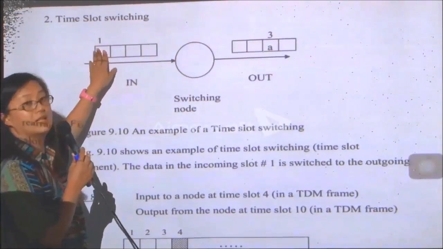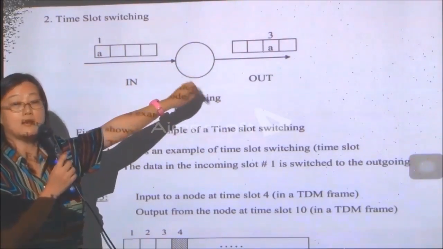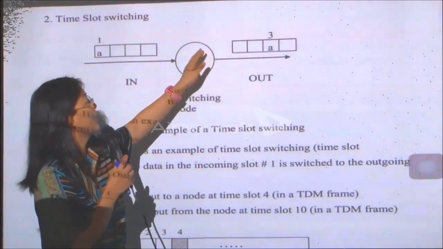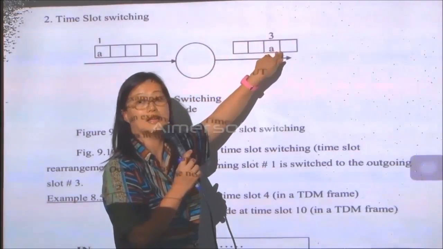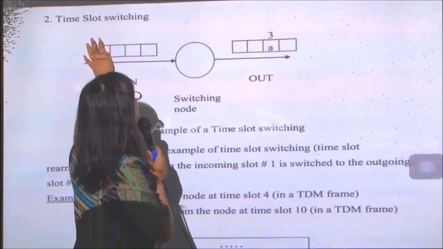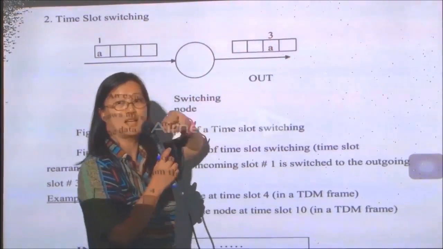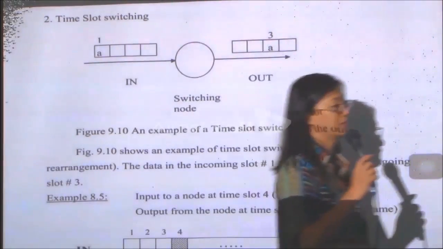The switching node reads this data and puts it in a buffer. And when it arrives at slot 3, it will just write the data onto slot 3. So it's like sending from user 1 to user 3, like this. This is done at the switching node.